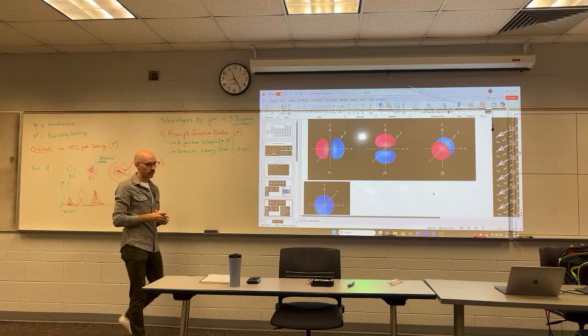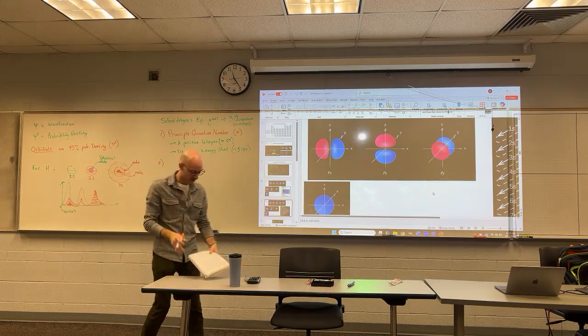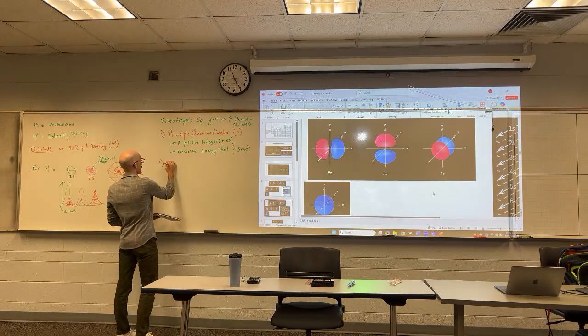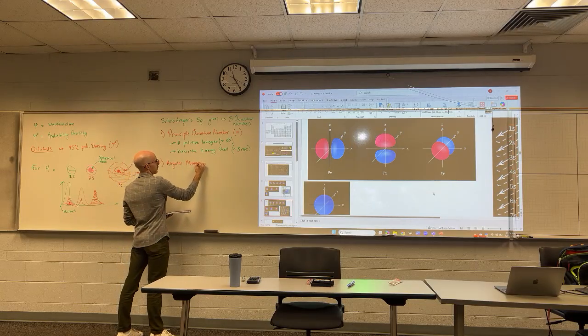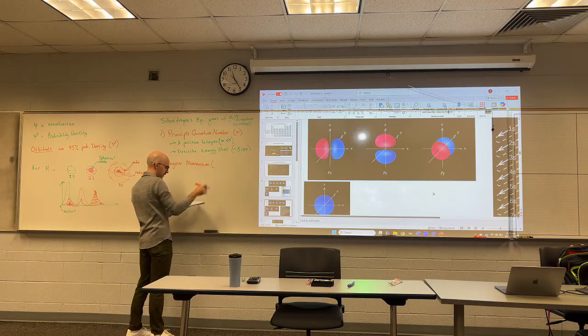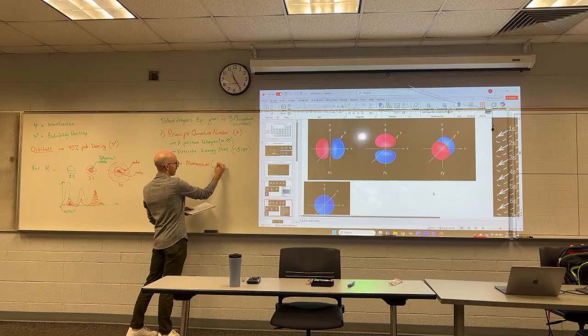The second number that Schrodinger's equation gives us is the angular momentum. We give this the symbol l.